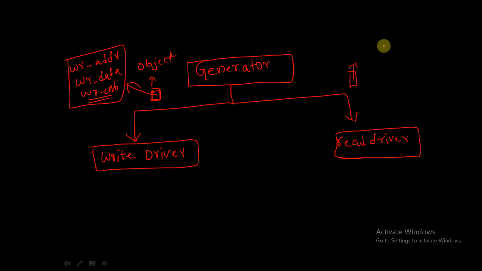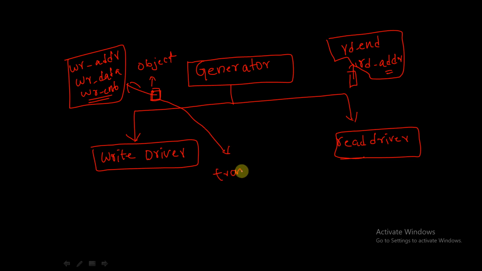The properties which are needed for our read driver are read enable and read address. These properties will also be encapsulated in our object. This object class, which we are going to create, is known as the transaction class.